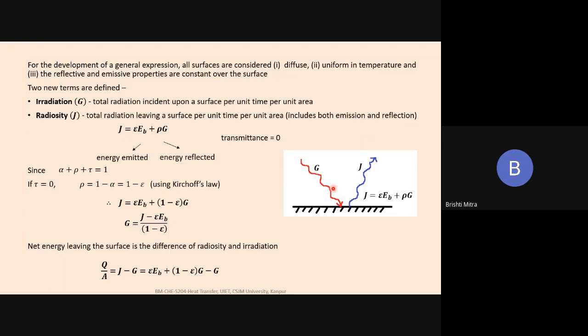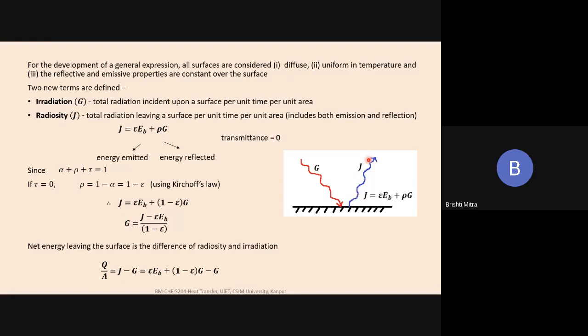Whenever radiation is incident on a surface, part of it may be absorbed, part may be transmitted if it is a non-opaque body, and part of it will be reflected. Part of this will be the reflected one, which is leaving the body. In all these cases we are considering that transmittance is equal to 0, so we do not worry about transmittance here. The absorbed part is not going to leave the body, so what is leaving the body is essentially the reflected one.